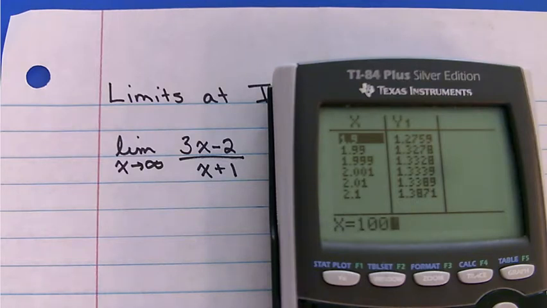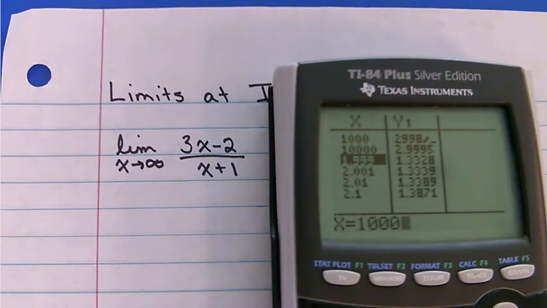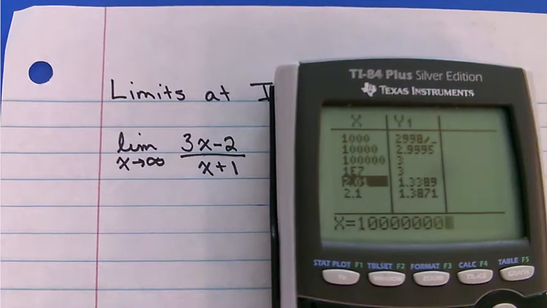So I'm going to start with 1,000, and then 10,000, and then 100,000. It's just going to jump to 3. So 2.995, 1,000,000, and I can keep putting in. It's saying it's approaching 3.